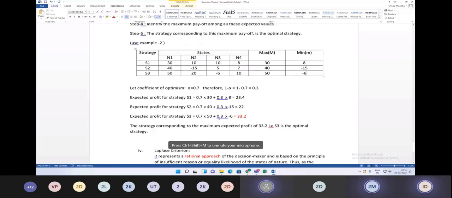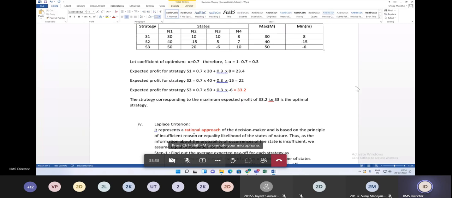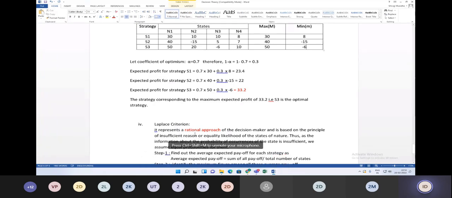So we'll move to the next criterion, the Laplace criterion. Laplace is an author who developed his own theory. That is why I said to keep the four criteria in mind, because questions may be linked with the approach used or with the values, and any combination can be used to frame MCQ type questions.